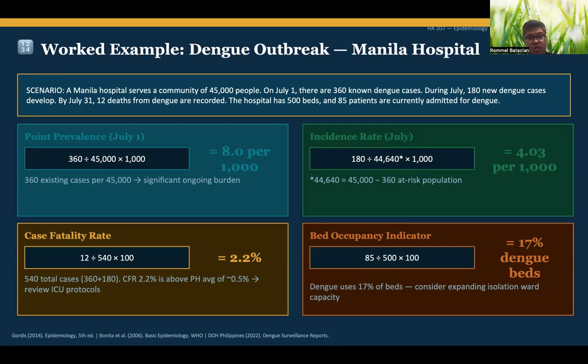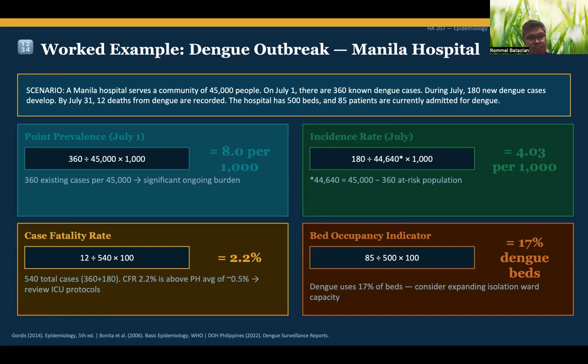Although it was not written in the scenario, actually it was written: 85 patients are currently admitted for dengue, and your hospital has a 500 bed capacity. So, simply divide 85 by 500 and you get 17%. So that means dengue patients are occupying 17% of your hospital beds.